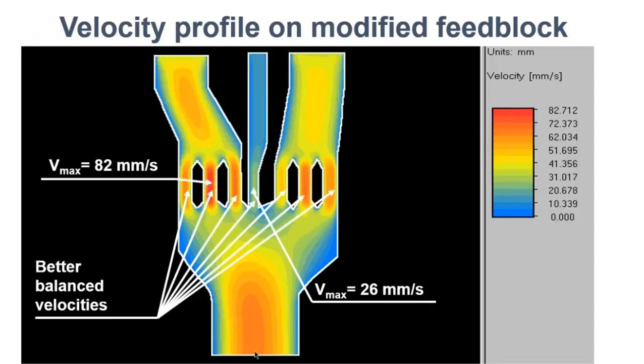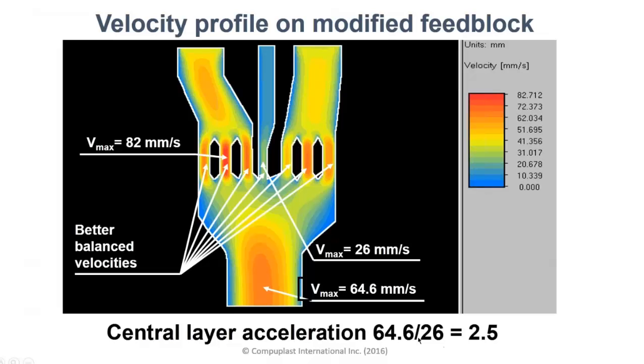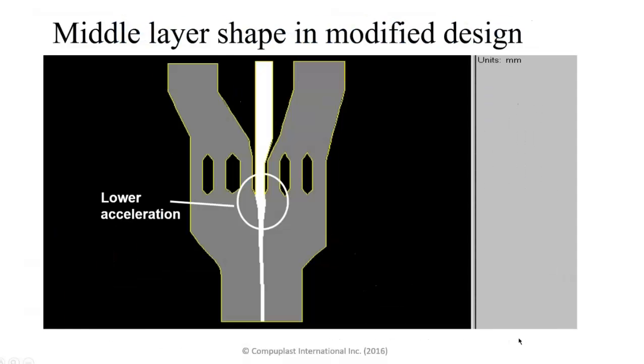The final velocity stays the same because the flow rate and the geometry can't be changed. It all goes into the same die. But by pre-accelerating the material, we've reduced the acceleration to just about half. And if we look at the space it occupies, that's the same. You can see less acceleration or stretching of the material in this region.